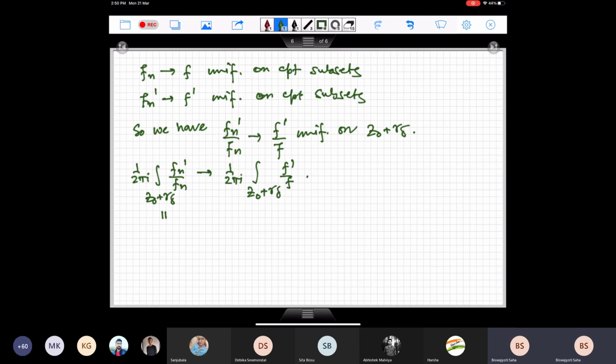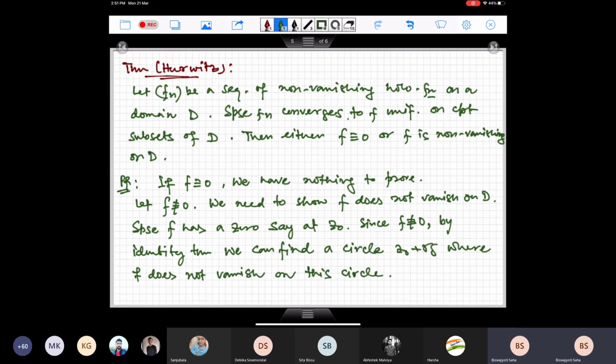F is a holomorphic function, so this is Z of Fn, the number of zeros of Fn, and I'm counting only the zeros inside the circle z naught plus gamma delta. So what is that number? Z of Fn is 0. And what is this quantity for F? No, this is not 0. This is what I have assumed: I have assumed that F of z naught is equal to 0.